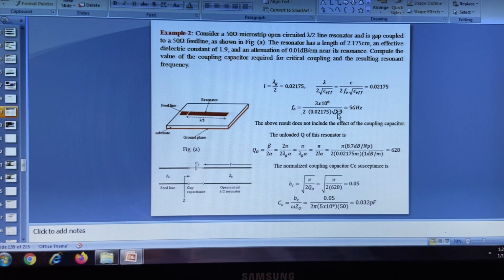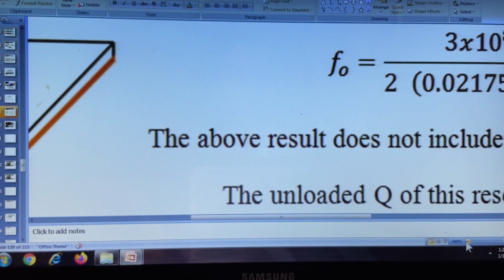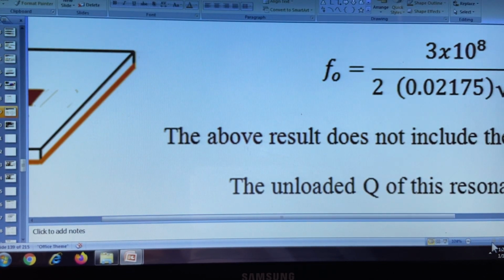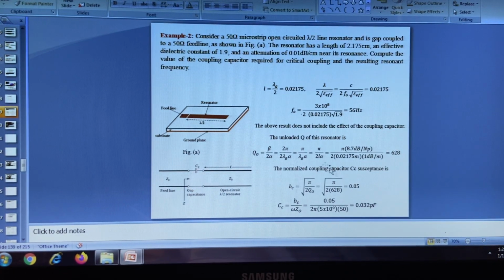Because of the gap coupling here, our resonant frequency actually shifts to a lower value. It should be lesser than 5 gigahertz. Next we have to calculate the coupling capacitor to get the critical coupling.